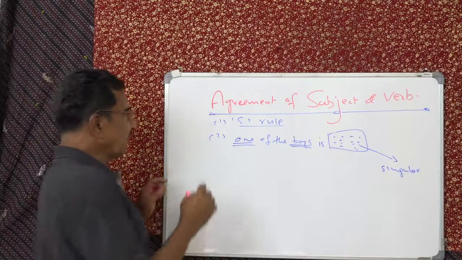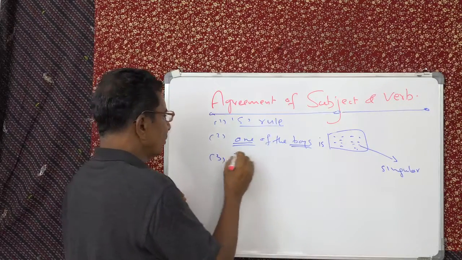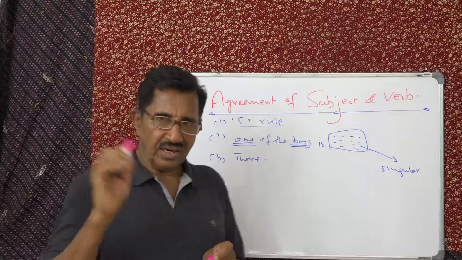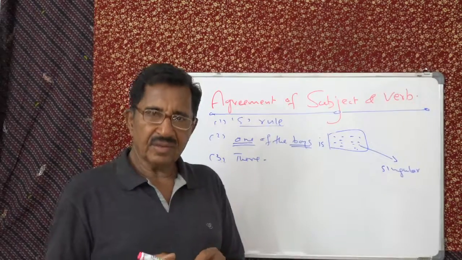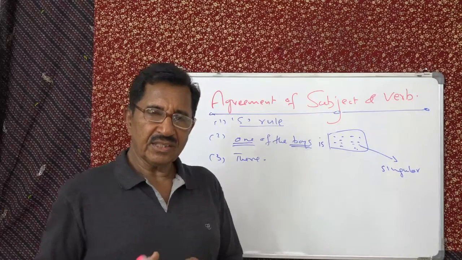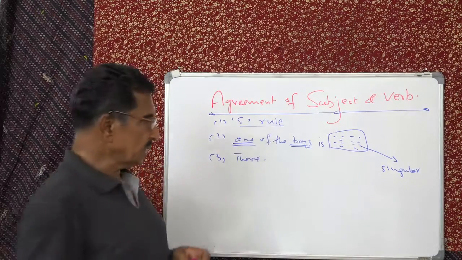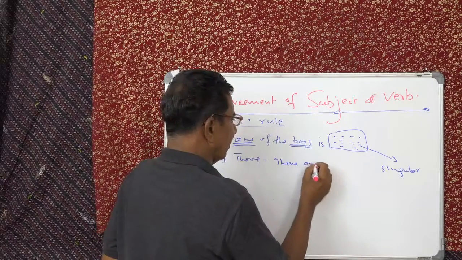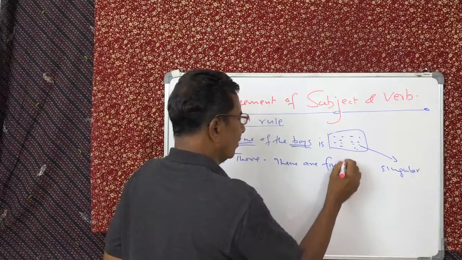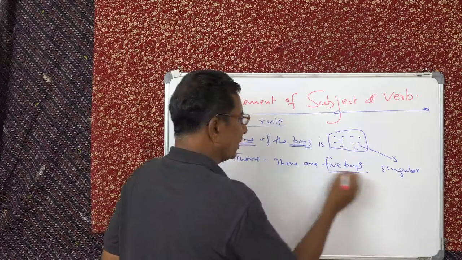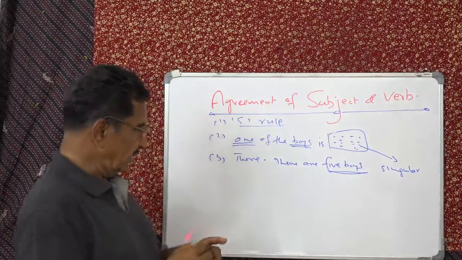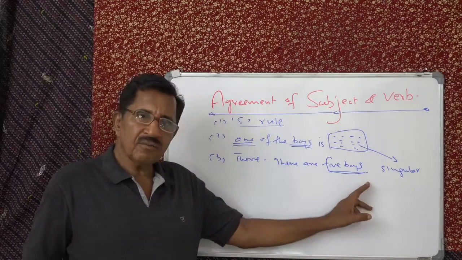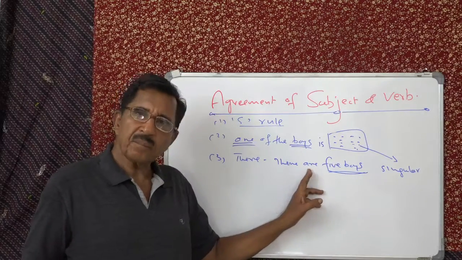Understand? The third point today is the use of formal there. We have dealt with this there somewhere else also. Some sentences are there. You see now, there are 5 boys. So the real subject here is 5 boys, not there. This is only an introduction. The real subject is 5 boys, and therefore the verb is plural.